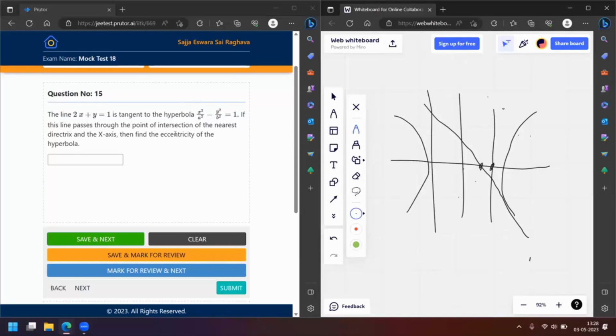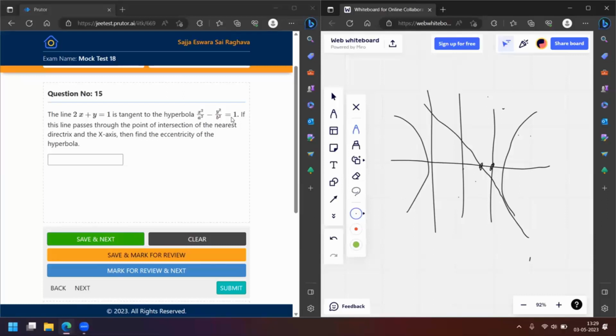So first, you can find the directrix for x square by a square minus y square by b square equal to 1. We know the point of the directrix and we know it passes through 2x plus y equal to 1.